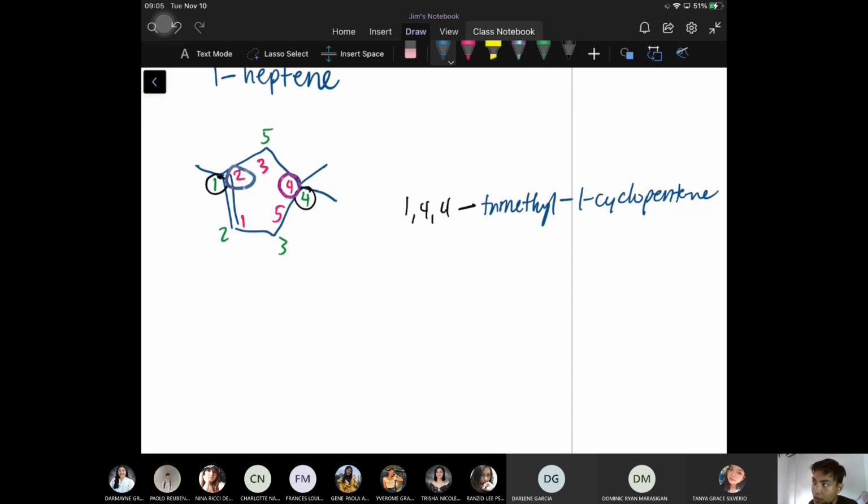So, yan yung kanyang complete name, 144-trimethyl-1-cyclopentene. Again, yung double bond is a sandwich between 1 and 2 kapag cyclic compound. Then yung substituent, piliin mo na lang yung lowest number na kaya, depending on the rotation ng inyong counting.